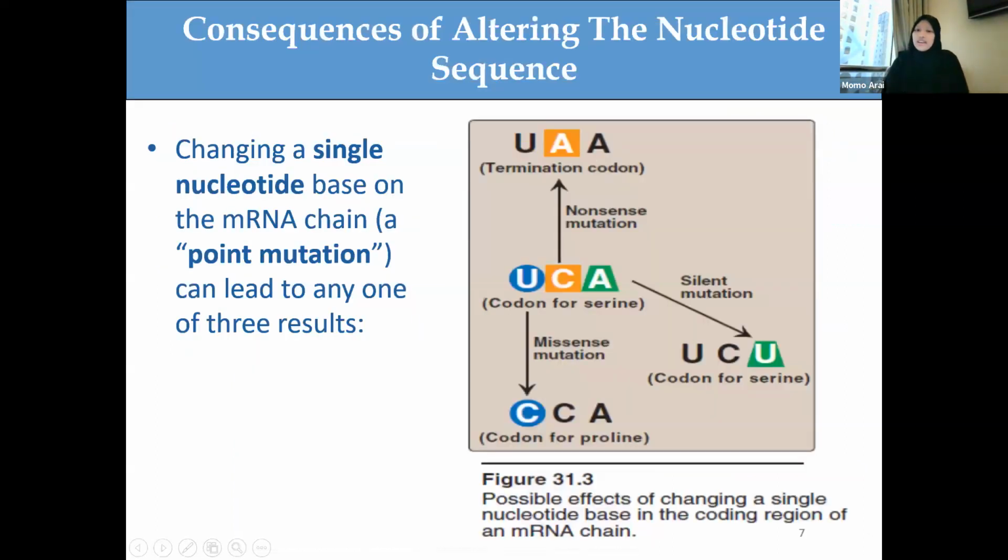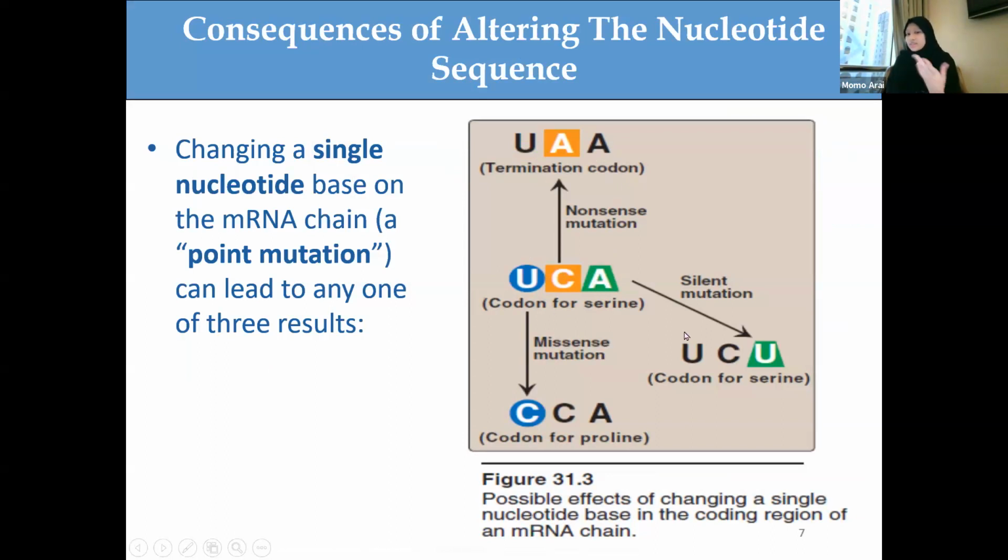Okay. So now we're moving on to problems that can happen within the genetic code. Let's take serine as an example. It's UCA, right? And again, like I said, the third base can change, and that's fine.